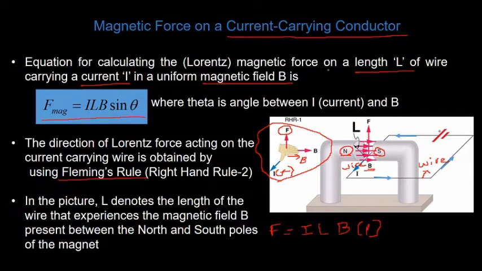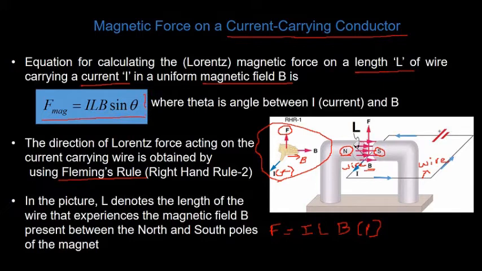Let's assume that there is a length L of a wire carrying current I, and this length of wire is present in a magnetic field B. Such a wire will experience a magnetic force, or Lorentz force, given by this equation.